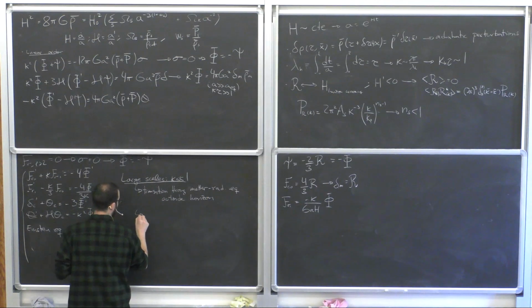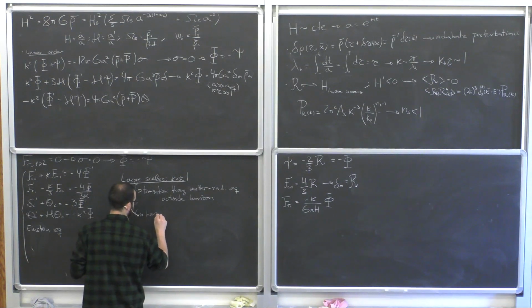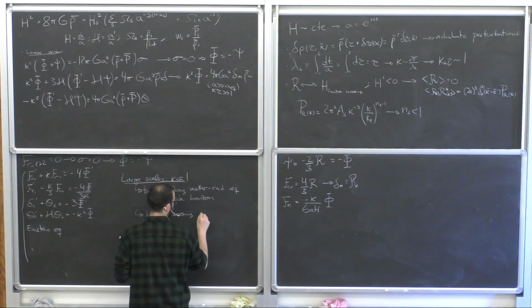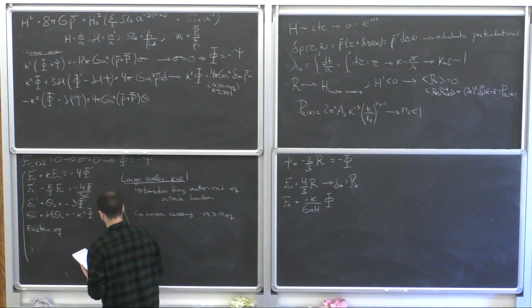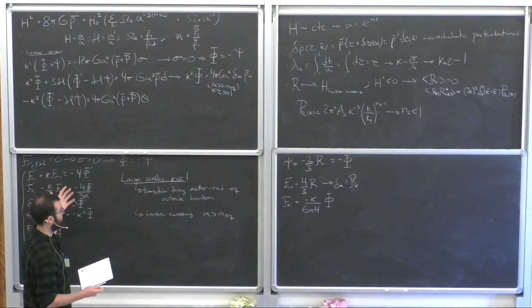And then we are going to go through the horizon crossing already in matter domination, so at times that are after the moment of equality. And this is something that we are going to be seeing.